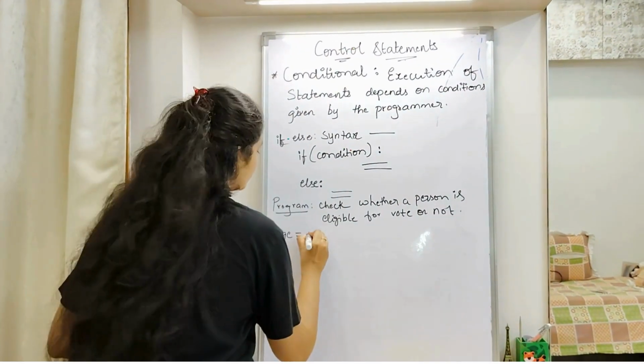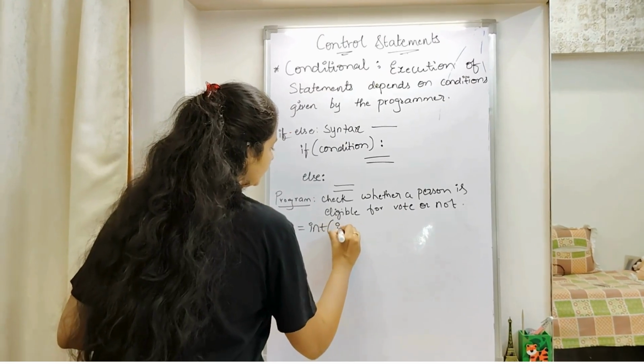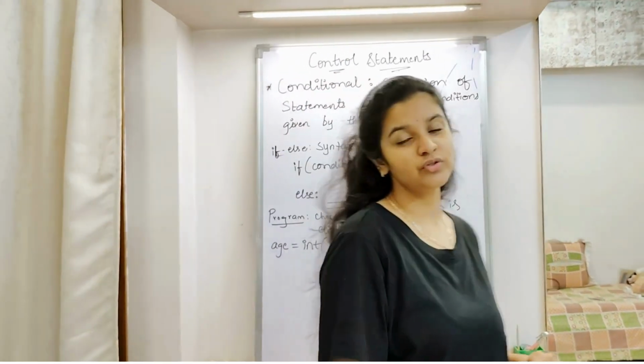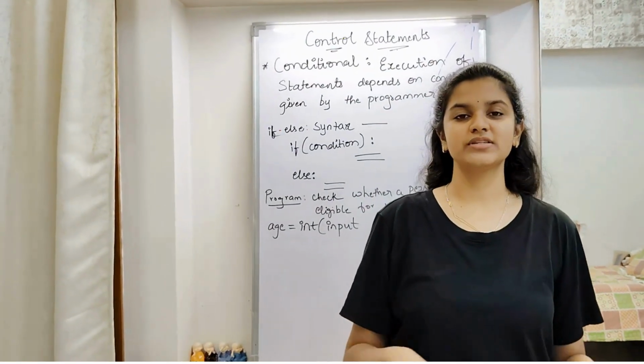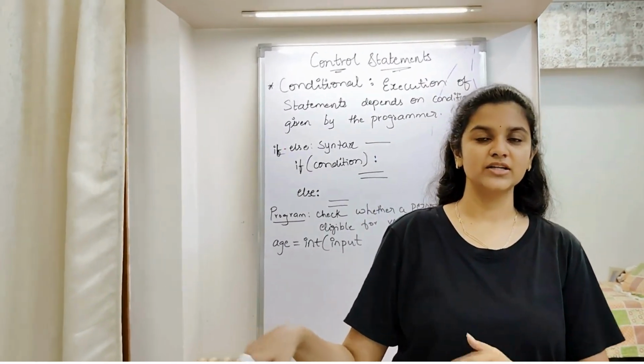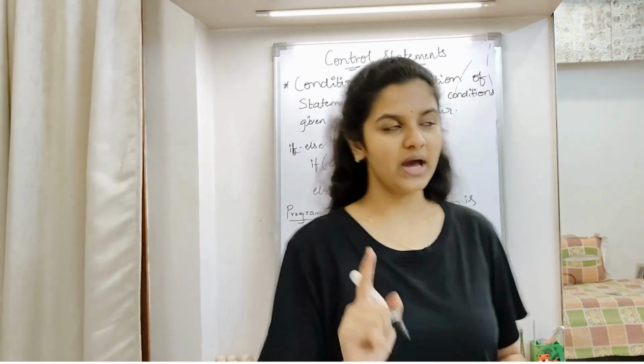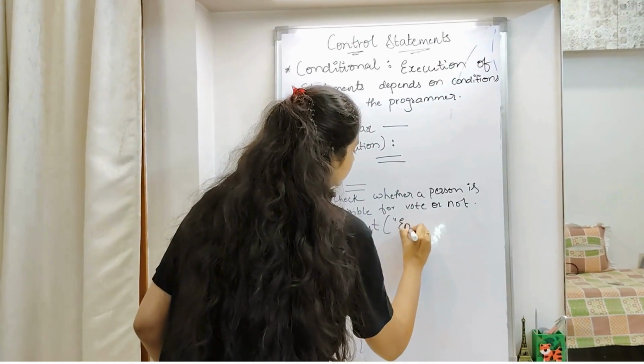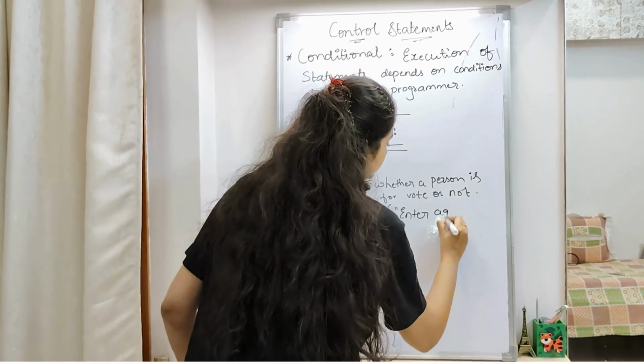So age equals int of input. Here I have taken int. Why? Because we don't say 6.2 or 16.2 years of age. We don't take it like that. So I have taken integer values. So input of enter age.